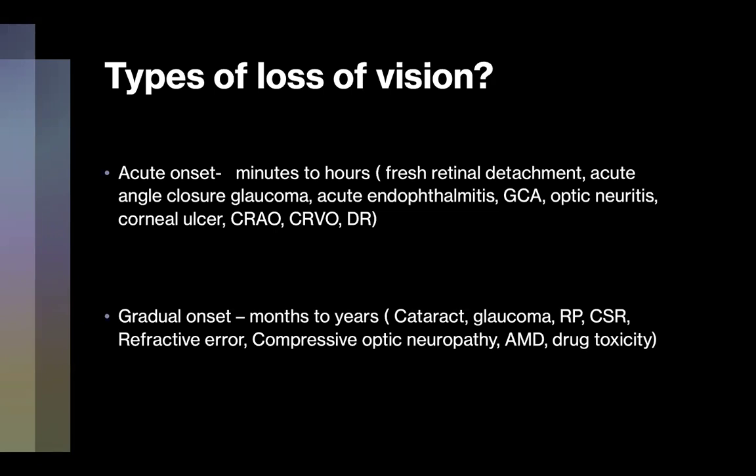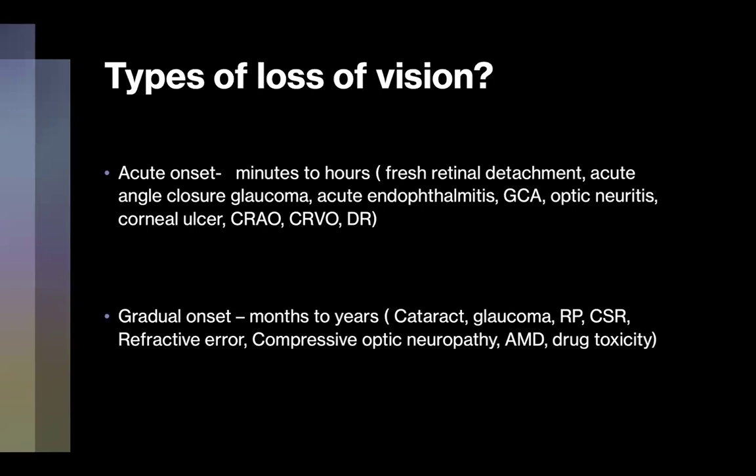Likewise, for gradual loss of vision, the commonest is cataract, but very rarely cataract can happen acutely when it follows trauma. Traumatic cataract can give rise to acute loss of vision. So usually gradual, but rarely acute.